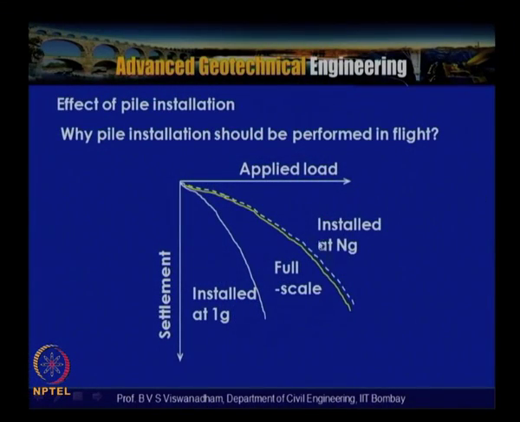The reasons need to be understood in terms of the soil stresses when the pile is installed at 1G and when it is taken to NG, particularly in the form of stress paths. We can explain the effect of pile installation and why pile installation should be performed in flight by applying our knowledge of soil mechanics with the stress paths.